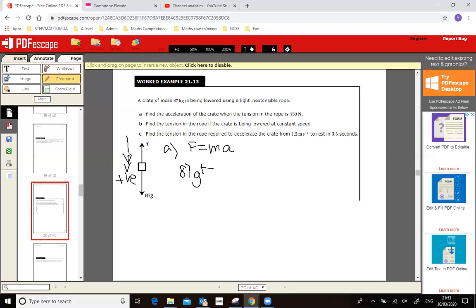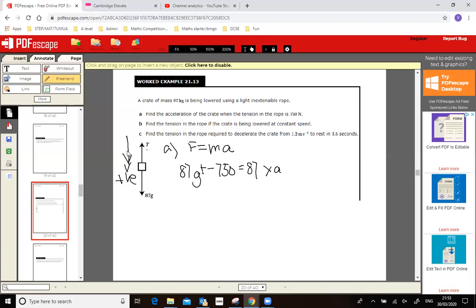Now, what is tension here? It says it's 750 Newton. And that would equal to m, which is 87, times a. Now, a is something we're looking for. Let's leave it.